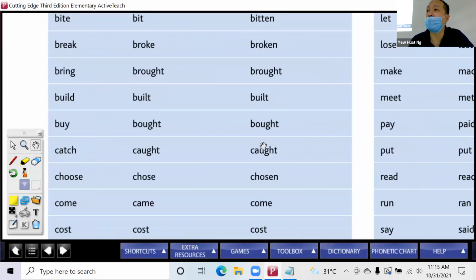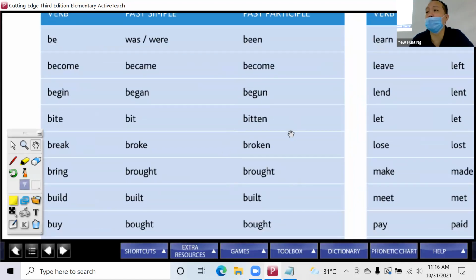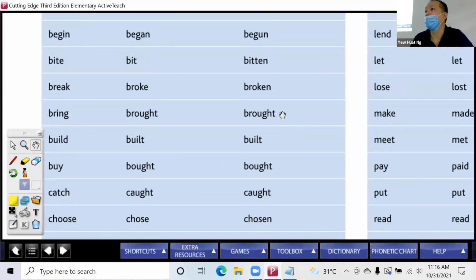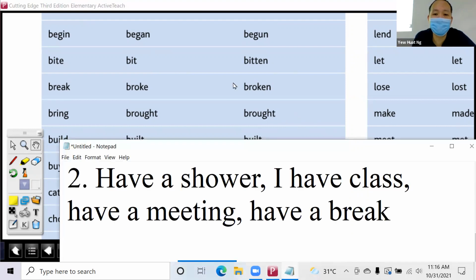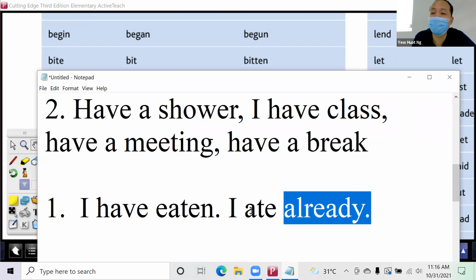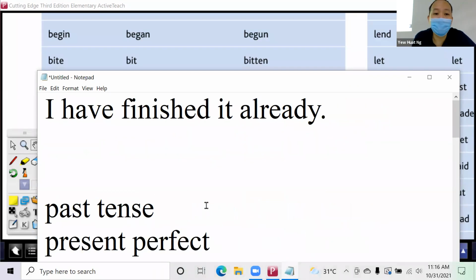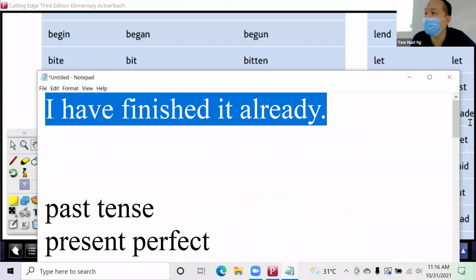So usually when we use our have, we will use our past participle. So of course for this one, you would have to practice, okay? Can you understand this up to now? Yeah. So can I have this sentence then? I'm sorry. So when I use already, I use past tense. When I use have, I use eaten. So can I use this sentence? I have finished it already. Can I say this sentence?